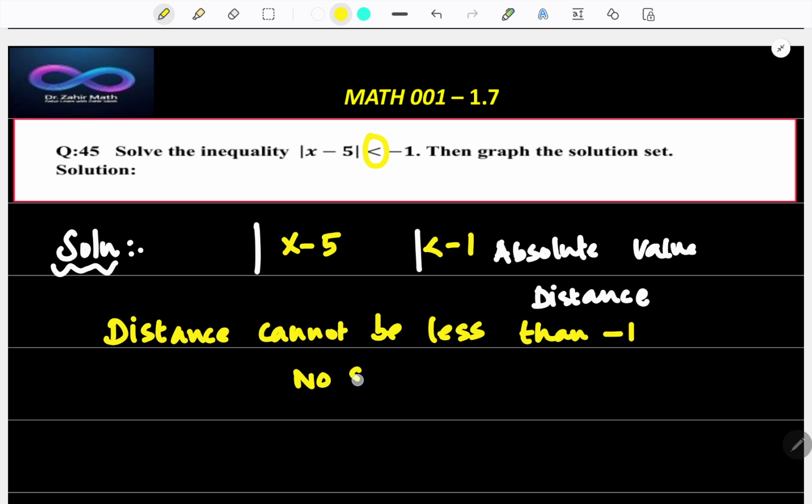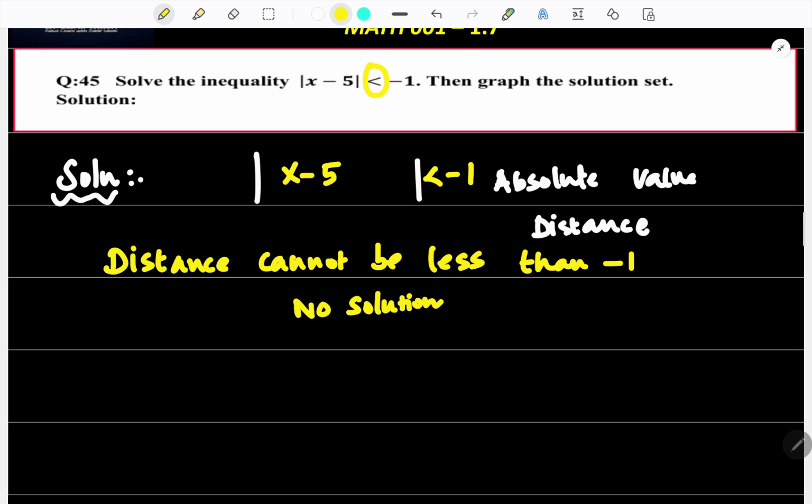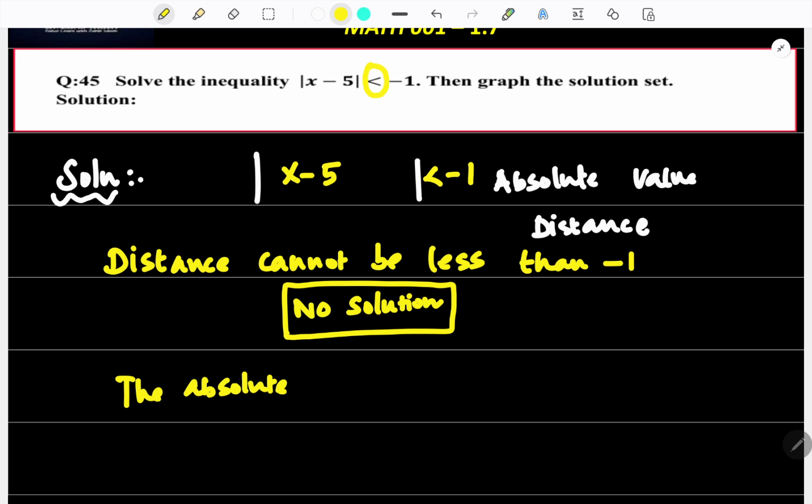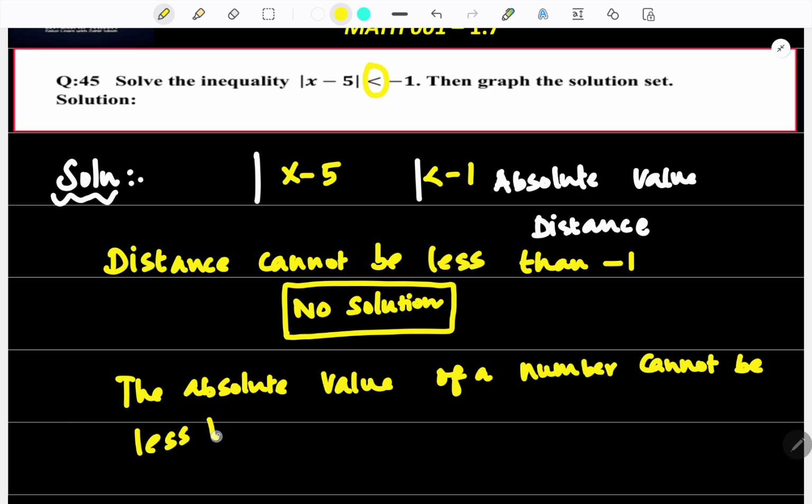So in general, you can write it as no solution, or you can say empty set, sorry. Or you can simply write no solution in the exam. This is enough, but still more information I'm giving. The absolute value of a number cannot be less than a negative number.